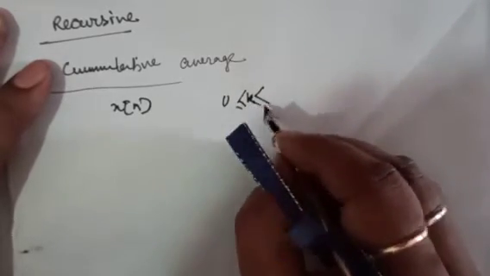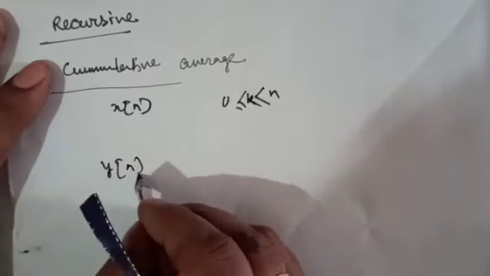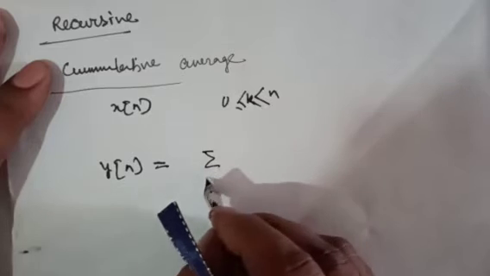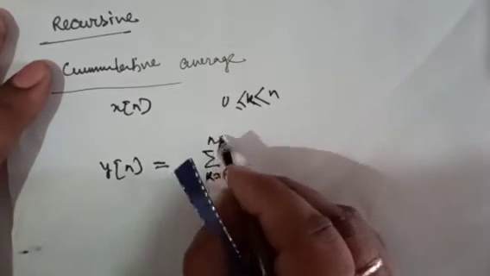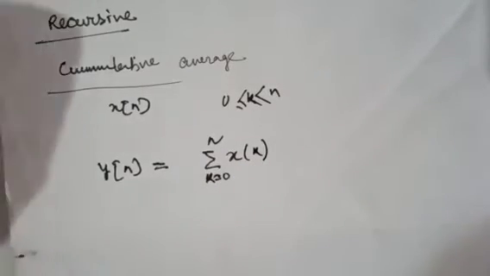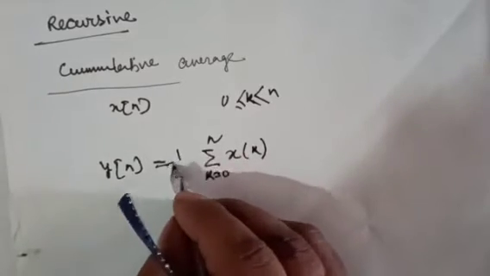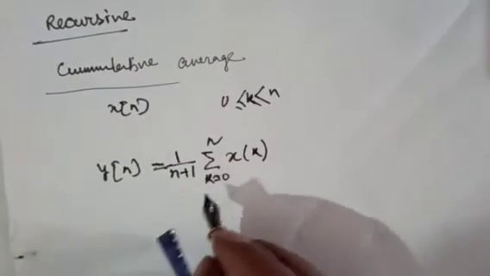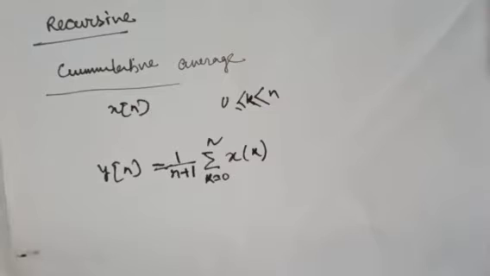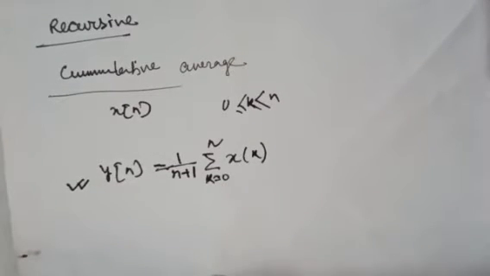That can be defined as y(n) equal to the summation over k from 0 to n of x(k), and if we divide it by n plus 1, because it is 0 to n so n plus 1 terms, then it is called the cumulative average system, where n is equal to 0, 1, 2, maybe any n.